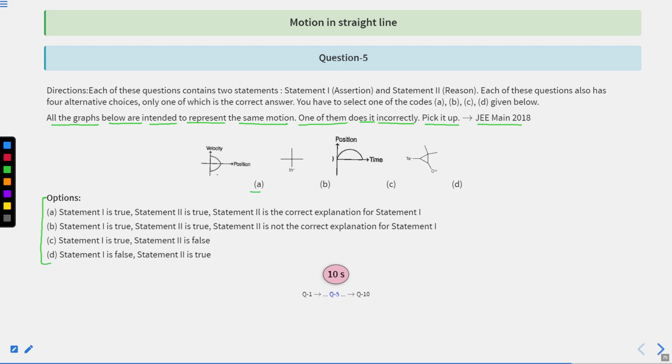A, B, C, or D? Clear? This is not a part of this question. Focus on these graphs. Clear? You have 10 seconds to solve this question. After that, we will provide a solution.